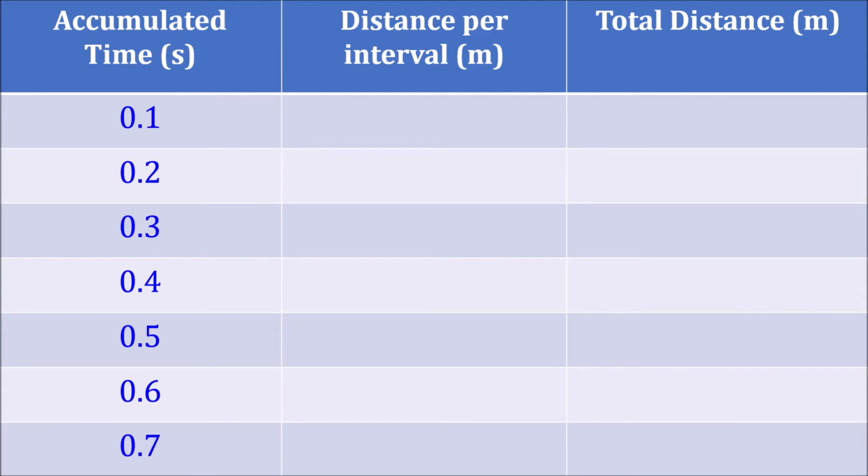Alright, so if we look at the actual data you should have the accumulated time. So taking it to round about 0.7 seconds, you could go a bit shorter or a bit longer, so long as you have 5 data points, that would be the best possible. You have distance per interval, so how far has it traveled per interval of 0.1 seconds.